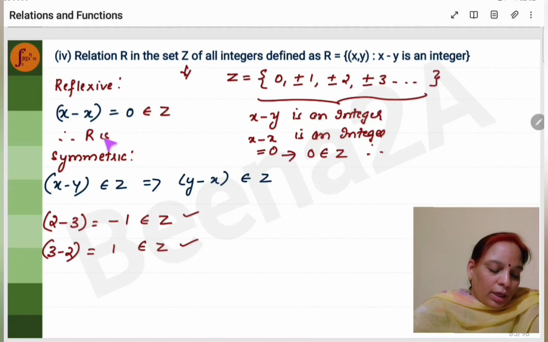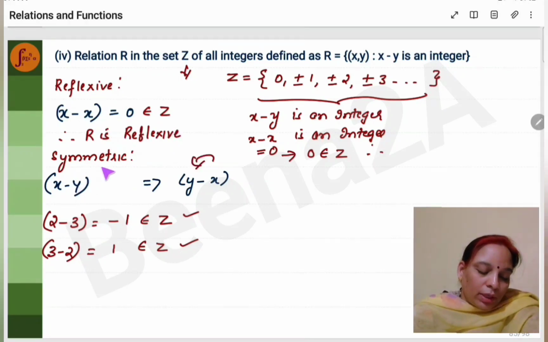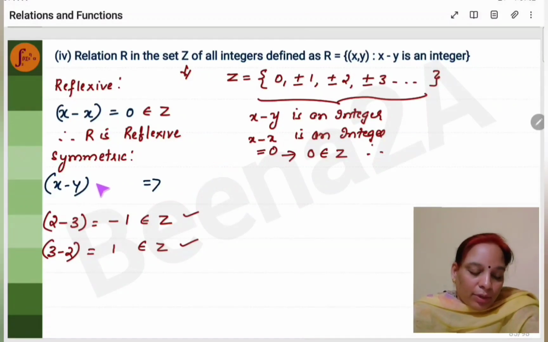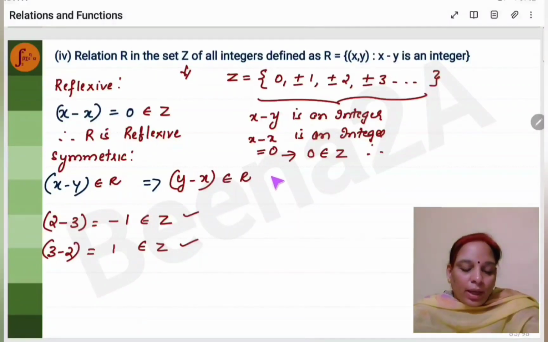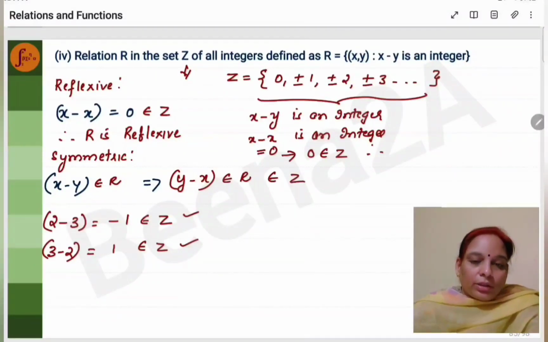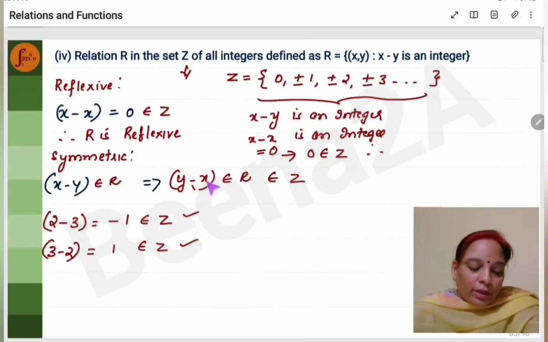Therefore, R is reflexive. So now let's look at the symmetric condition. For symmetric, if x minus y belongs to R, then y minus x, that is, reversing it, should also belong to R, and it should belong to the integers. Whatever answer you get out of this expression, it should belong to the set of integers.